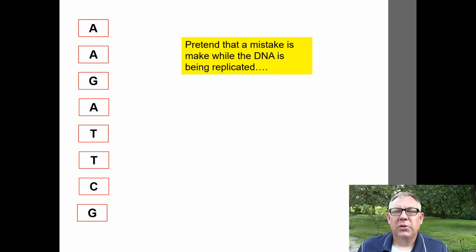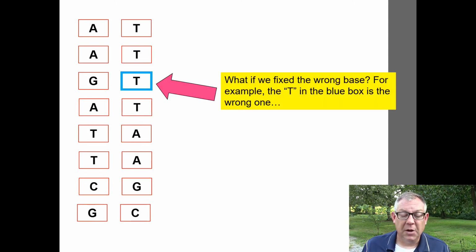Now, pretend that a mistake is made while the DNA is being replicated. So, these are just chemical reactions, and so the wrong nucleotide gets stuck in the wrong spot. And so, here's an example, right? At this one base pair, we've got a T when we should have a C there, right?